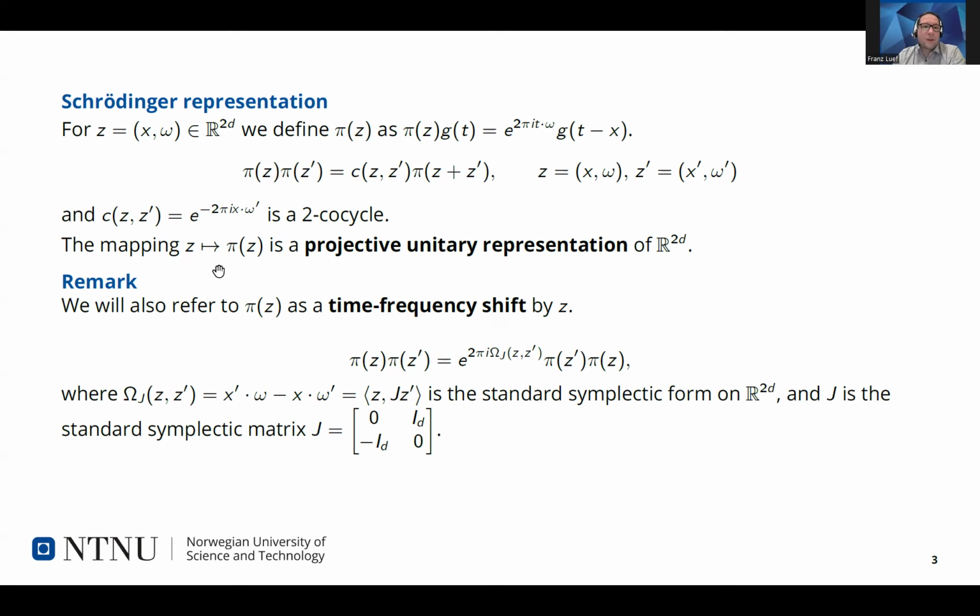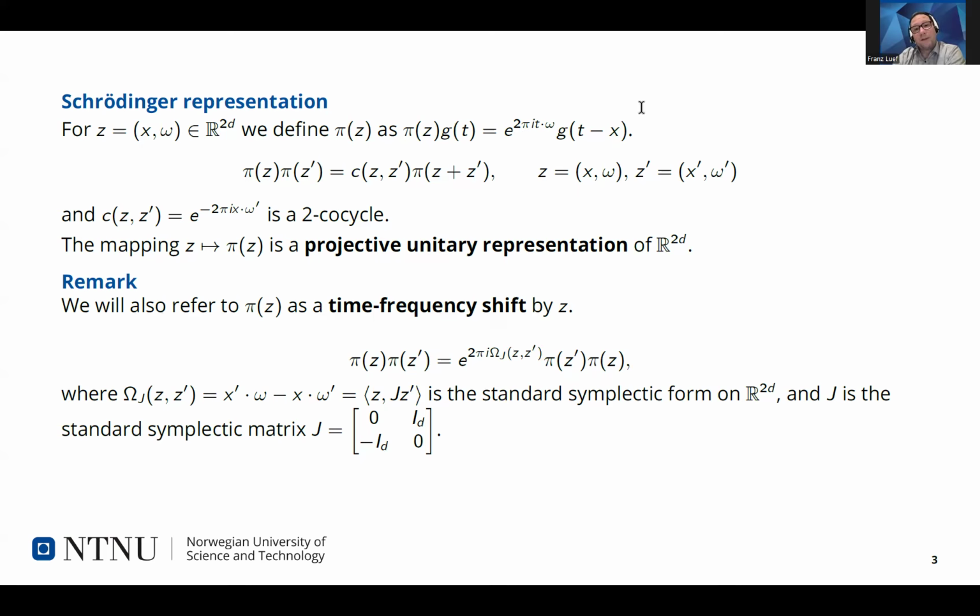In other words, we have this projective representation of phase space, which also implies that we have very specific commutation relations for this representation pi of z. Sometimes I'm going to call these pi of z time-frequency shifts for the obvious reason, because it's this translation and this modulation, and a modulation on the frequency side is a frequency shift.